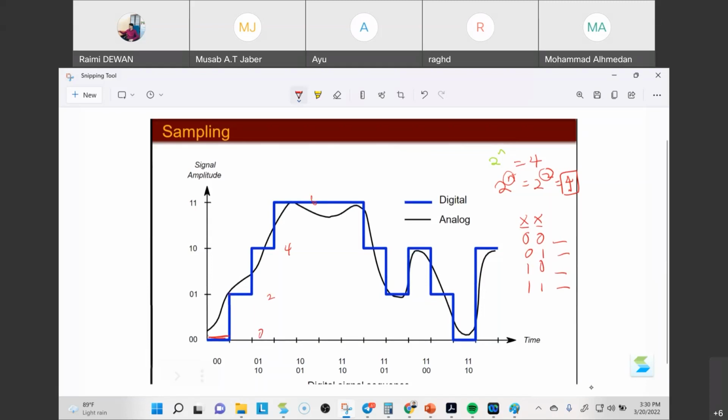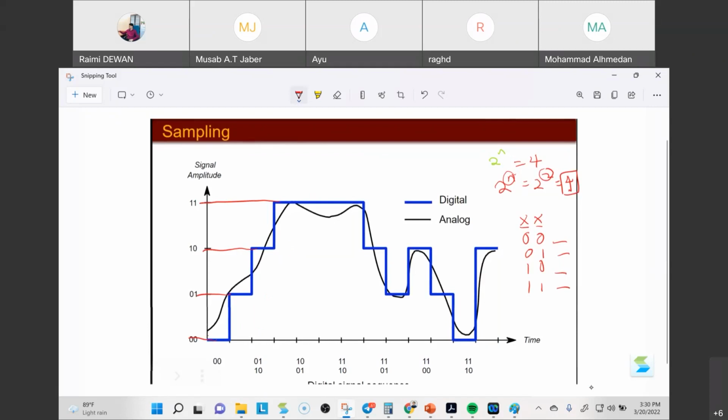But any value from 2 to 4 will be considered, any value from here is, wait. Okay, so you have 4 values here, 1, 2, 3 and 4.